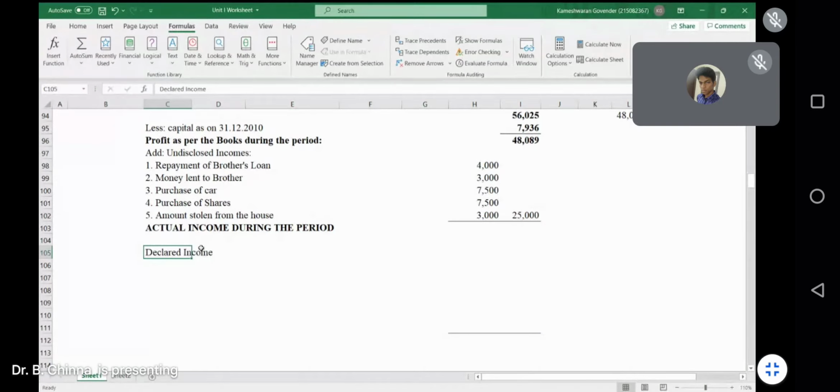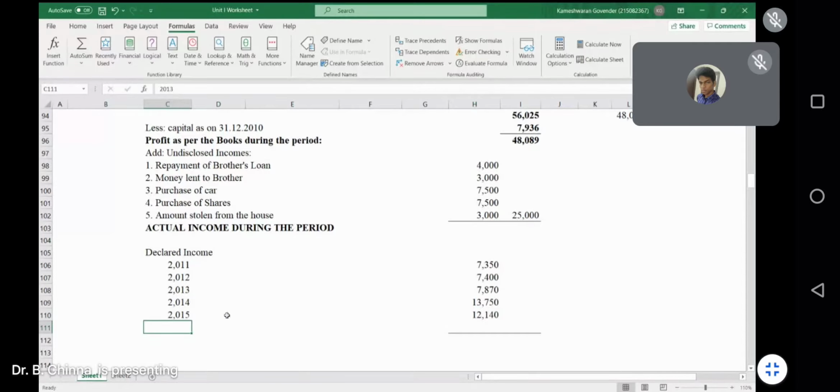What is the declared income? 2011, 7,350. 2012, 7,400. 2013, 7,870. 2014, 13,750. 2015, 12,140.